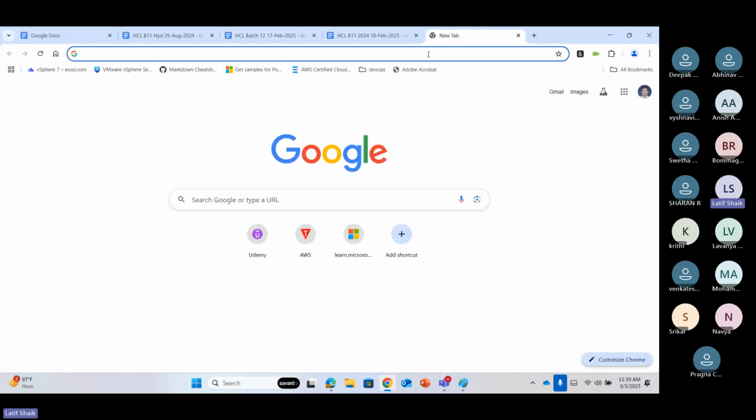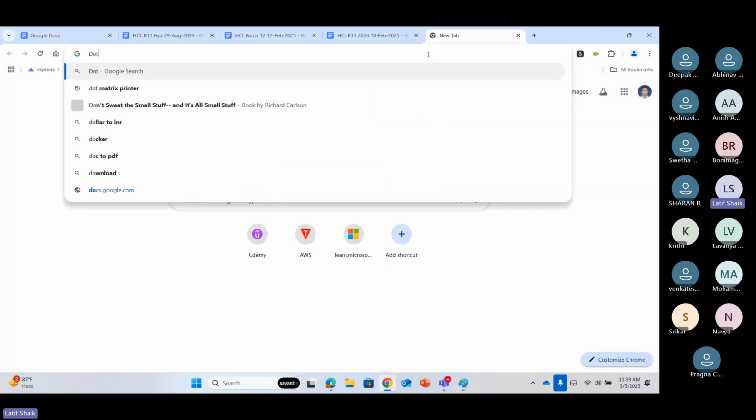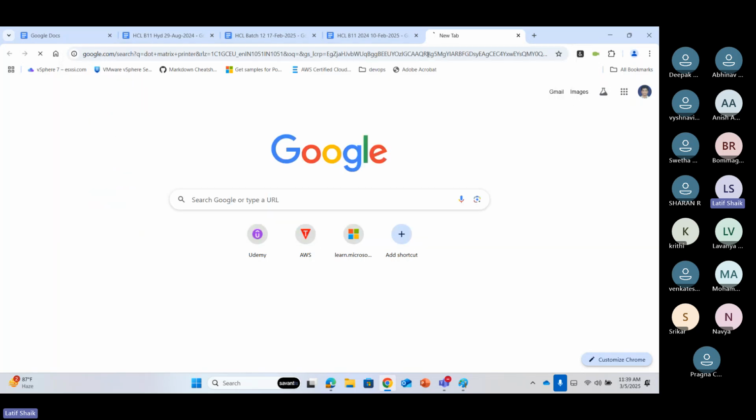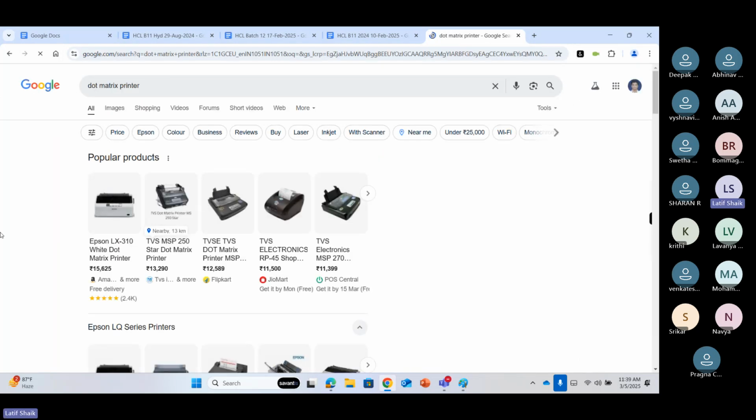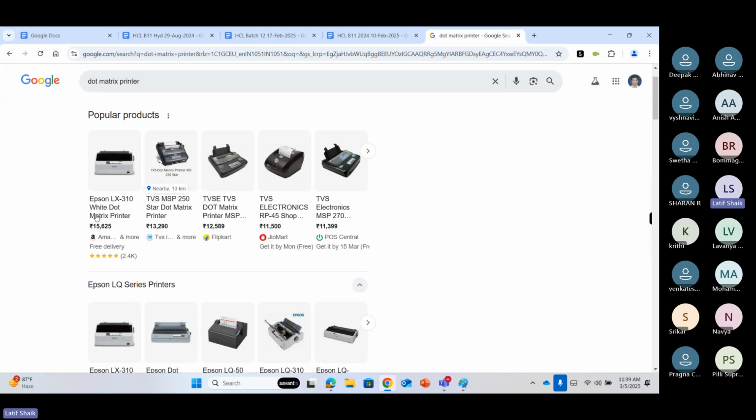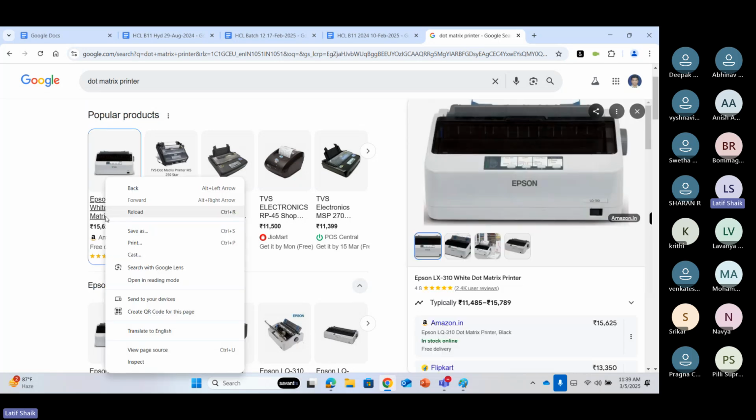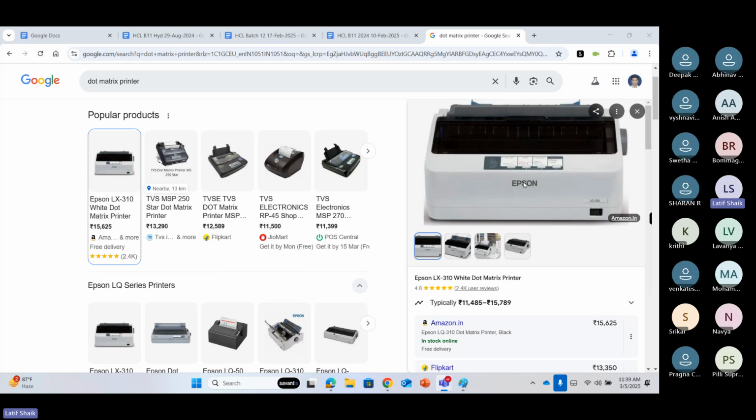The dot matrix printer looks like this one. See, this is an Epson dot matrix printer. This is generally used for bill printing, like if you go to a bank, or in colleges or organizations, for their bills.